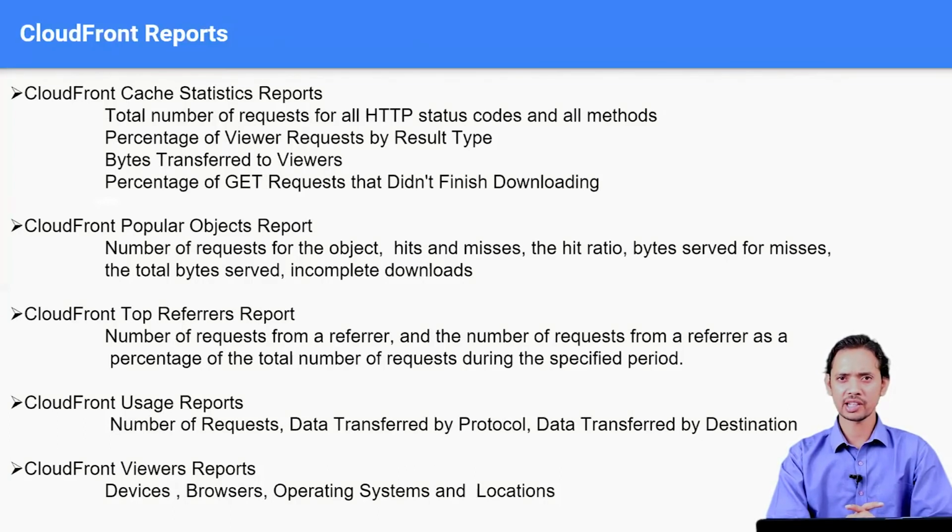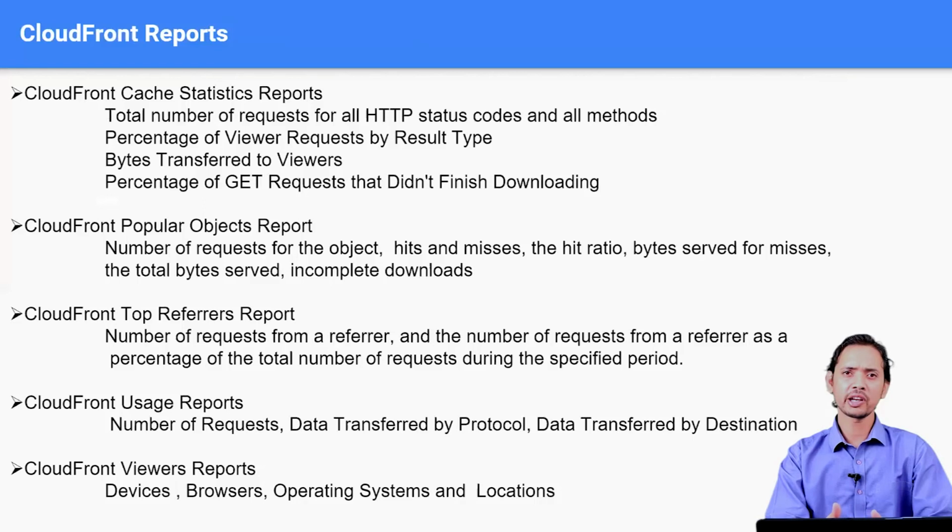So other than this basic task of delivering the content of the website, CloudFront does a lot of other things as well. It can generate reports for you, which include a cache statistics report, showing how many bytes have been cached, the total number of requests, and various kinds of statistics related to your viewers. It can create reports like a popular objects report: what are the web pages which are attracting most of the traffic? It can also create a top referrers report, which would show where exactly the traffic is coming from.